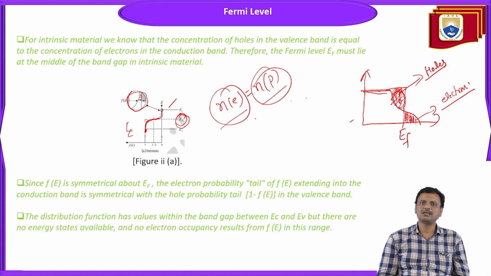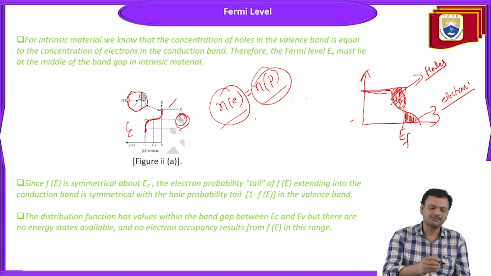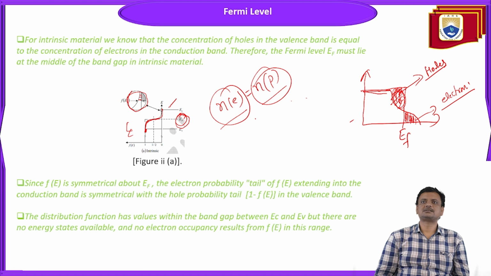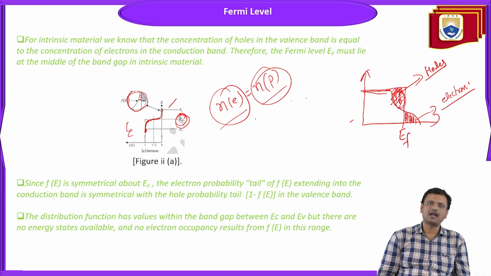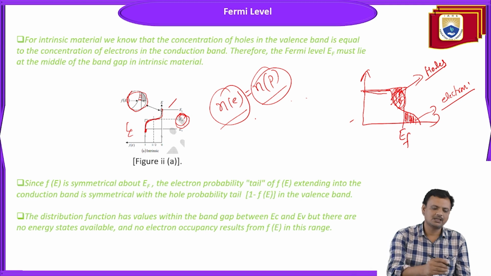Now, since f(E) is symmetrical about the Fermi energy EF, the electron probability, meaning the tail of f(E) extending into the conduction band, is symmetrical with the hole probability 1 minus f(E) in the valence band.